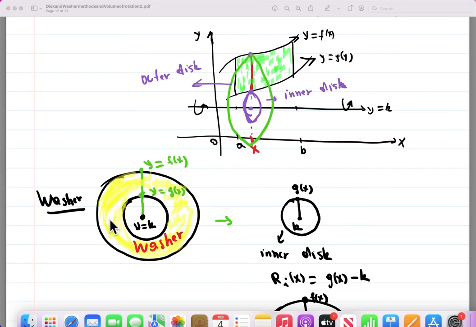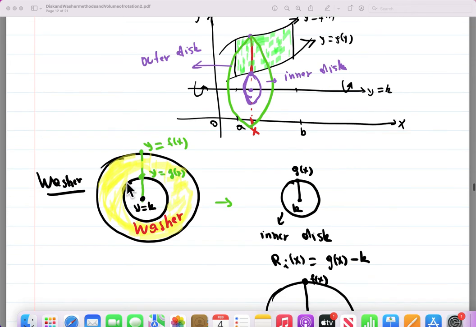So for us to find the area of this strip, the washer, you find the area of the outer circle, which is the bigger one, minus the area of the inner circle, and that is going to give you the area between the two circles. So find the area of the inner circle, find the area of the outer circle, and then subtract the area of the inner circle, and it will give you the area of the washer. Okay, so that's the idea.